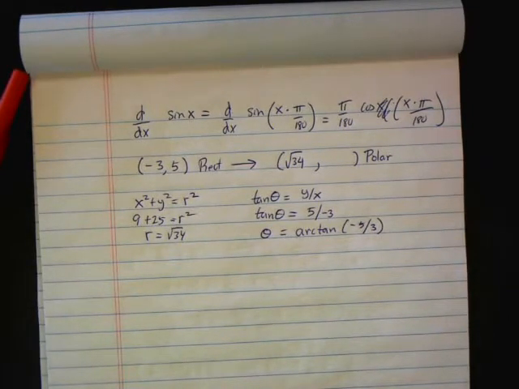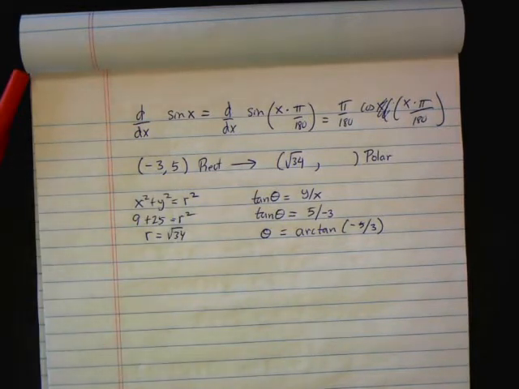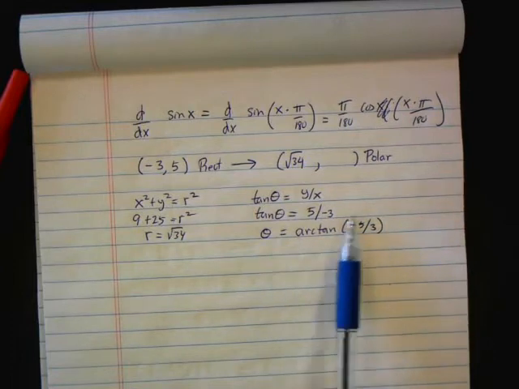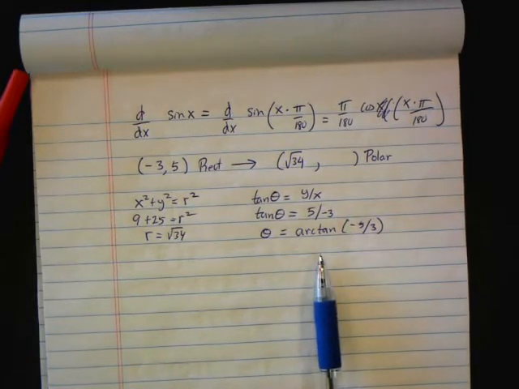Unfortunately, that's not the right answer. This point that I gave you, the point -3, 5, which quadrant does it live in? It's in quadrant 2. When I use this arc tangent function, what kind of angles does it give me? Angles in quadrants 1 and 4, not 2 and 3.